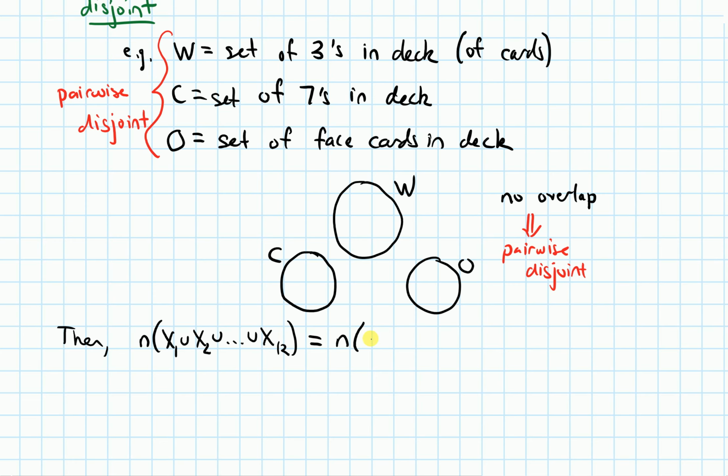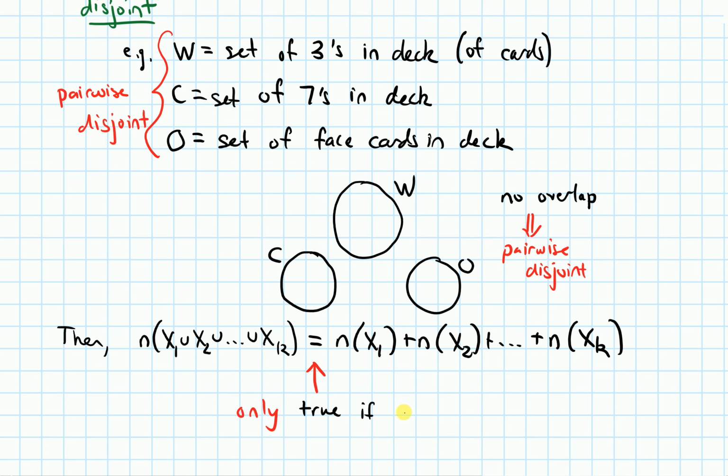It's the number of elements in the first set plus the number of elements in the second set, X2, plus, and you keep going until the number of elements in the last set, which I'm calling Xk, whatever k happens to be.